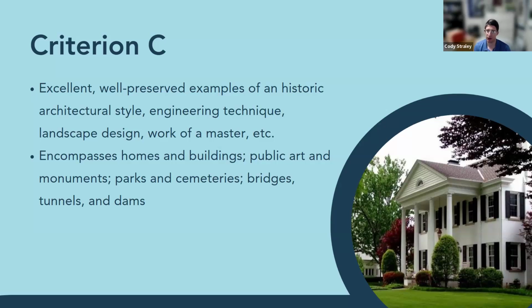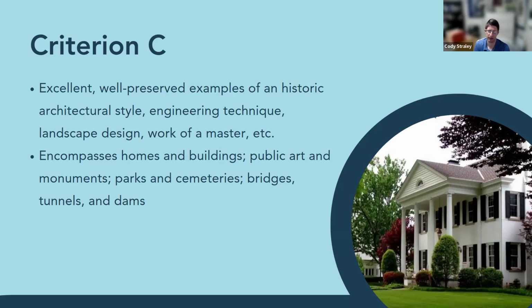And it's been used for homes and buildings, public art like sculptures, murals, and monuments, parks and cemeteries for their landscape designs, and even more mundane resources like bridges, tunnels, and dams have been listed for their connection to engineering history.